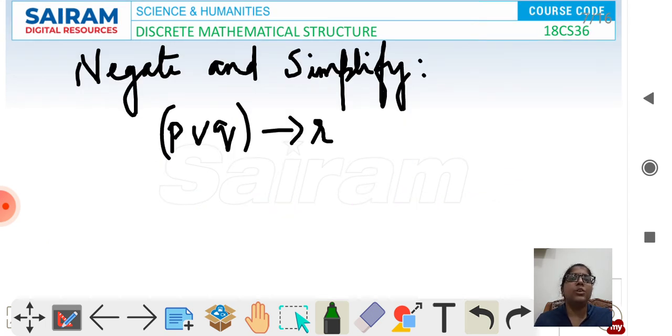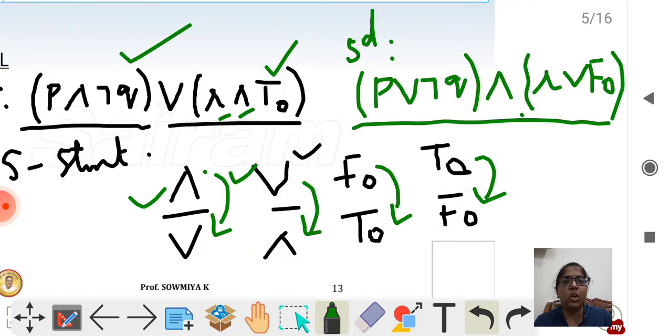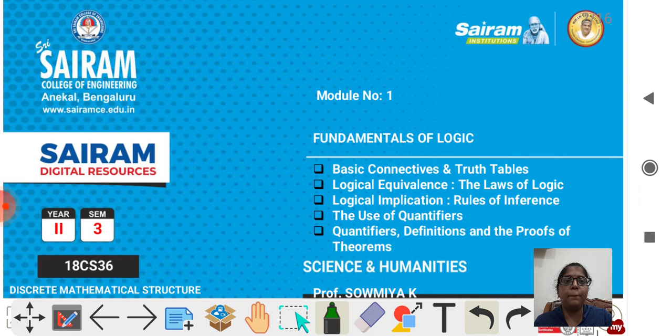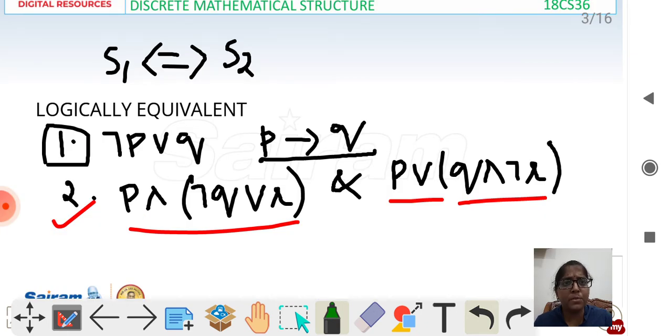Here they have given one compound statement. We have to negate the statement and simplify it. So first we have to negate the statement. Here we have an implication statement. We have seen in the first logically equivalent example, what is negation of P implies Q?